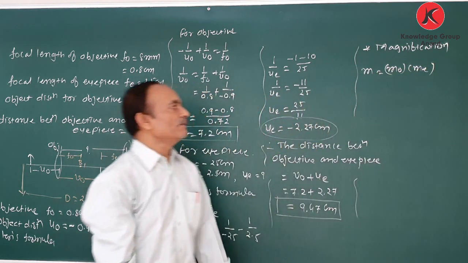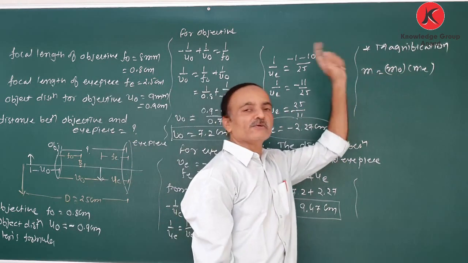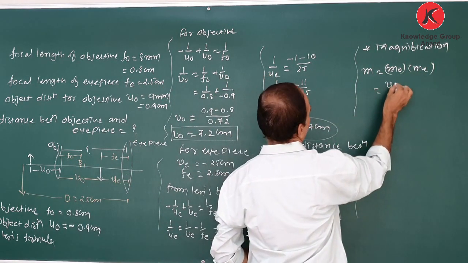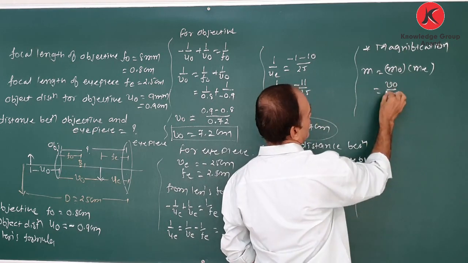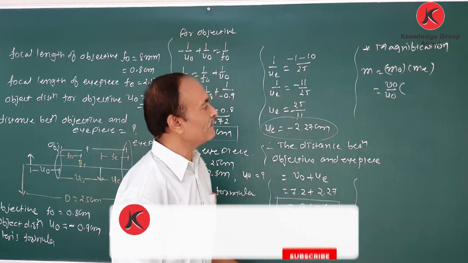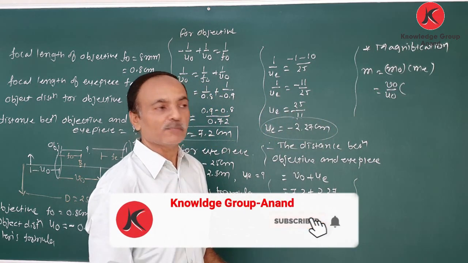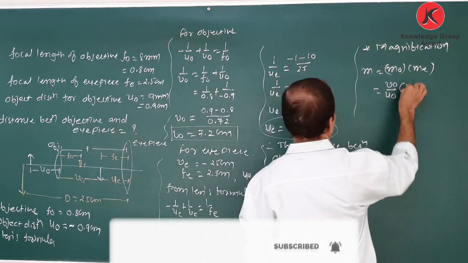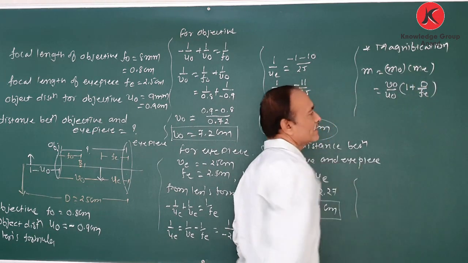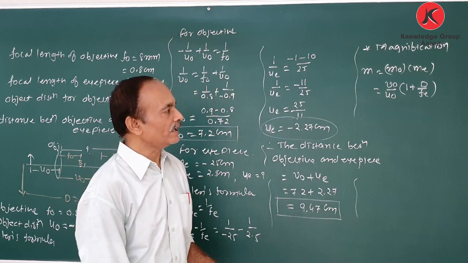That means the magnification by the objective into magnification by the eyepiece. Magnification by objective is V0 upon U0. Now here, the image formed by the eyepiece is at near point distance. Therefore, the magnification is 1 plus D upon F.